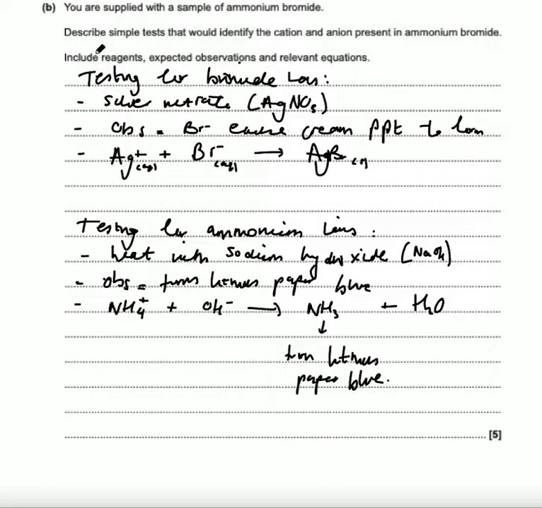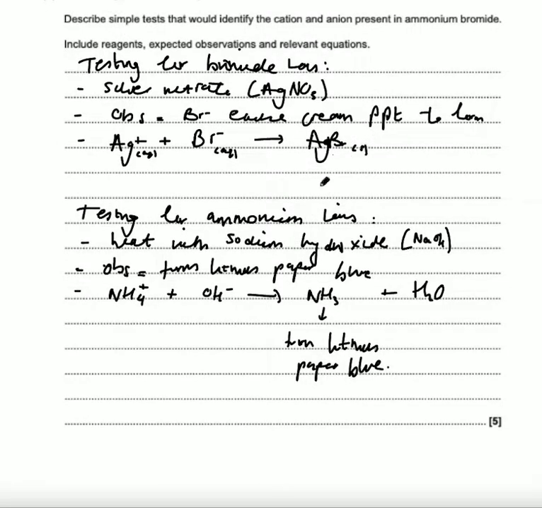So, if we start off with the bromide ions, so testing for bromide ions, we know that we use silver nitrate, which is AgNO3, and that's because when you add silver nitrate to a sample that has bromide ions, the bromide ions will combine with the silver to form a cream precipitate, so that's our observation. And the equation for this is an ion equation, which is Ag+ plus Br- gives us AgBr, which is the cream precipitate. So we write (s) for solid, because all precipitates are solid.